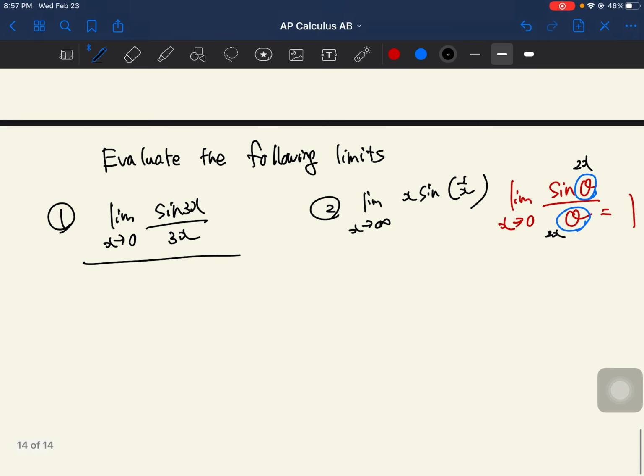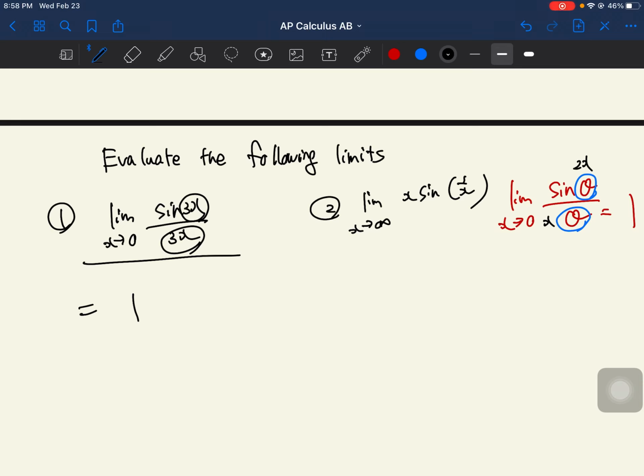But what I want to say is these have to be exactly the same number or symbols. So it cannot be like 2x and x. It cannot be like that. But in that case, 3x and 3x are exactly the same, so it's going to be 1. There's no problem at all.